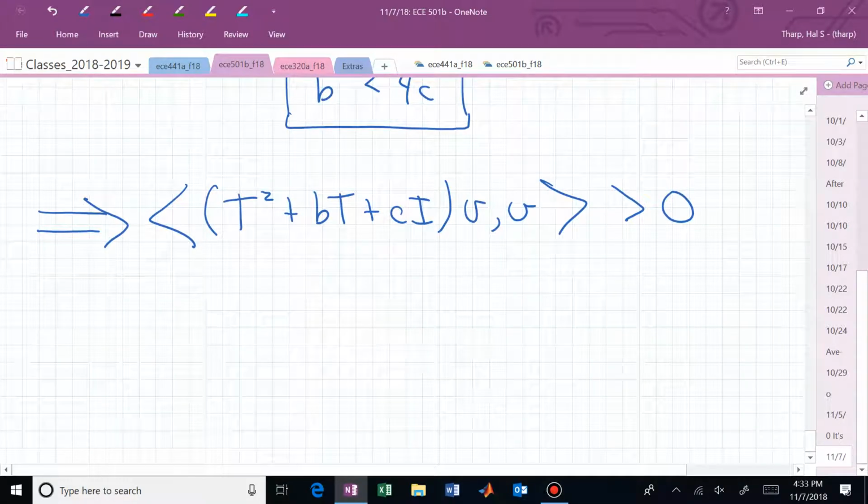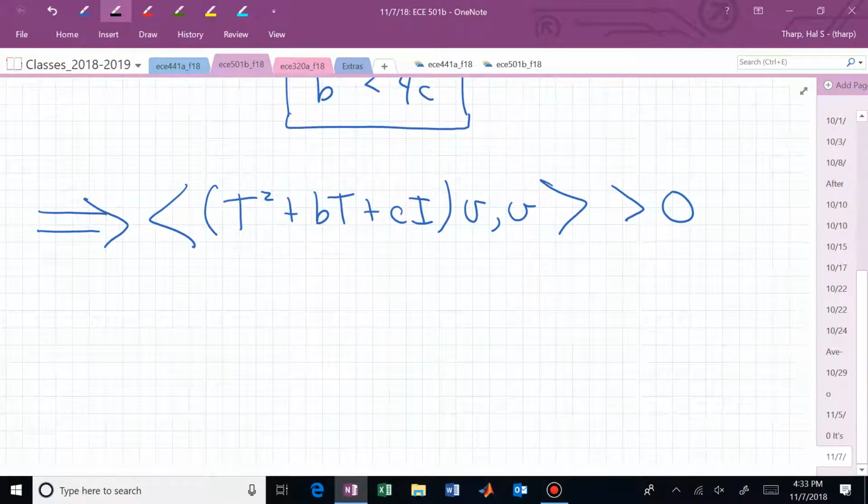Now we need to put on our different sort of thinking process and say, well, what does that mean? If this is always positive for every v, which was arbitrary, and we picked it out of our vector space, and now we're saying I have this operator which when I apply it to v, and then put that with an inner product with v, it's always positive.